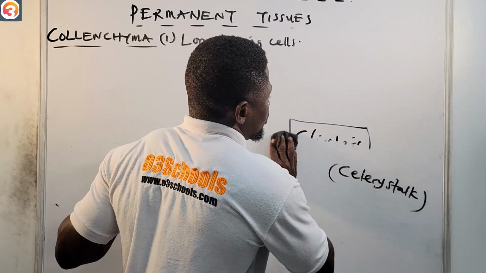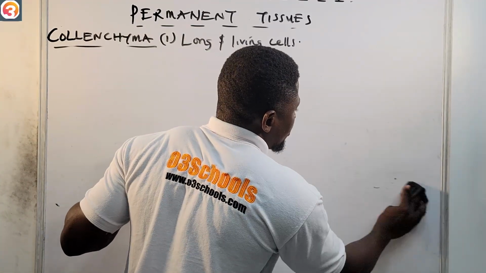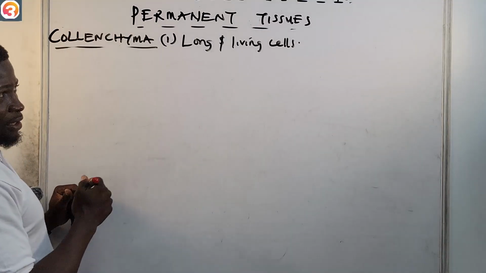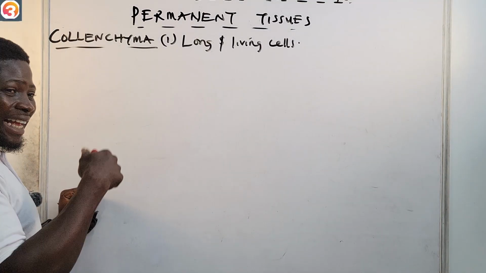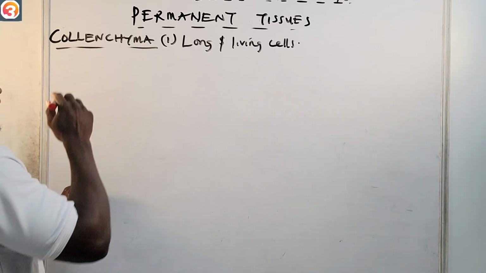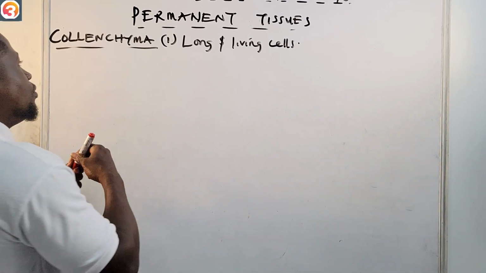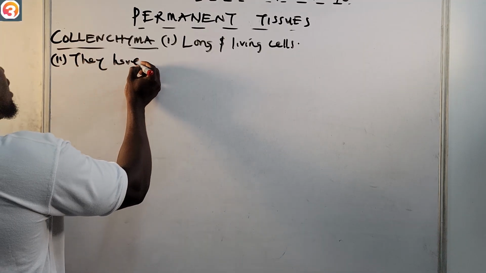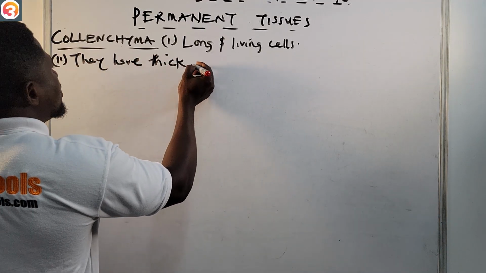Okay, so now let us continue with the characteristics. We'll come back to all of these. Now, number two, they have thick cell wall. Remember, Parenchyma have thin cell wall. Collenchyma, they have thick cell wall.